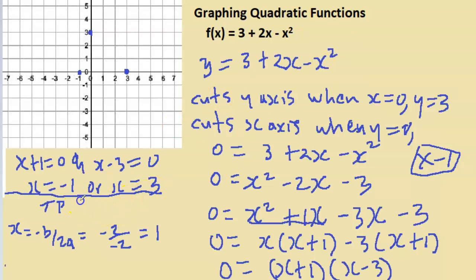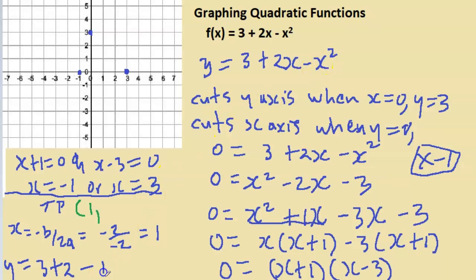So 2a is 2 times minus 1, which is minus 2. And so the denominator is minus 2. And the numerator, remember, b is 2, so minus b will be minus 2. Yes, alright, so that's correct.